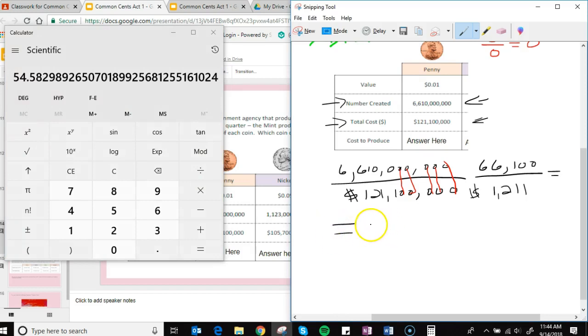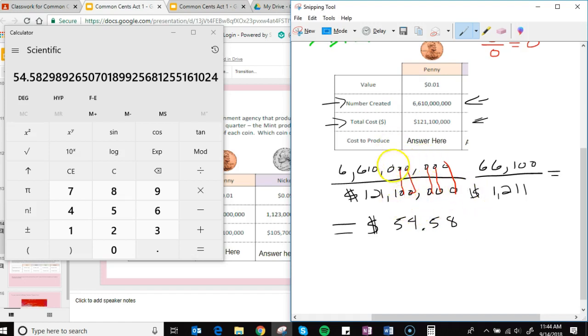What this is actually saying is that the cost to produce 1 penny was about $54.58. And we were like, gosh, if that's true, no wonder the deficit is what it is. Right? So we had a good laugh, and we said, okay, well, that way didn't work out.